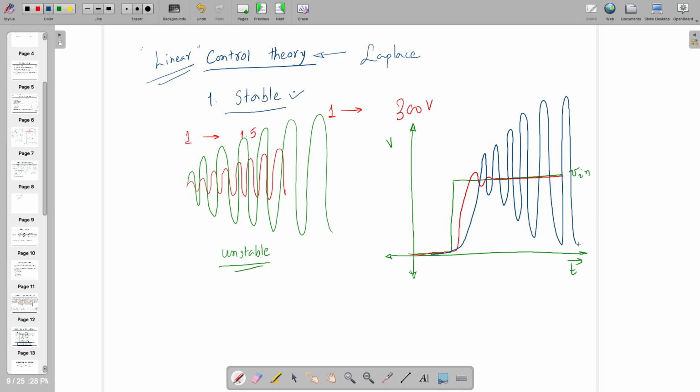So can you comment on these two, which one is stable and which one is unstable? Red is stable, right? And this is ringing, so it's unstable, right? This is also known as an oscillator circuit, or this circuit which is generating this thing.